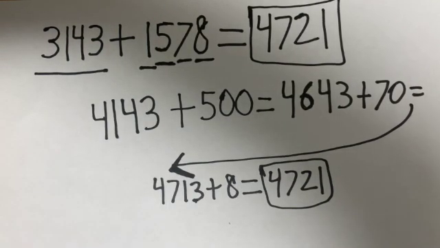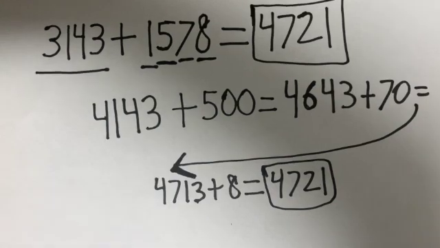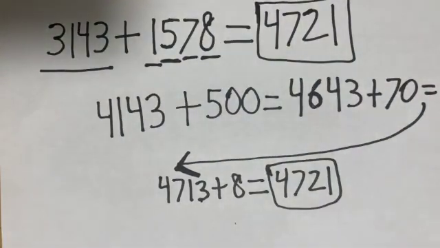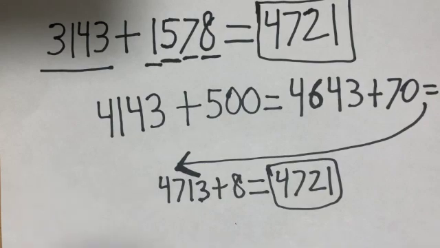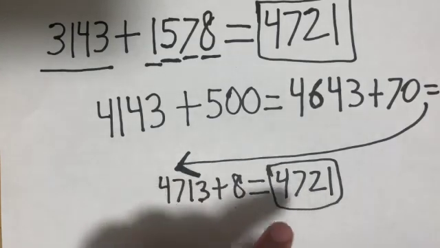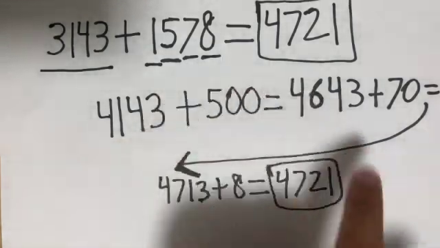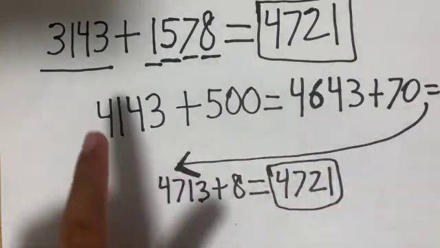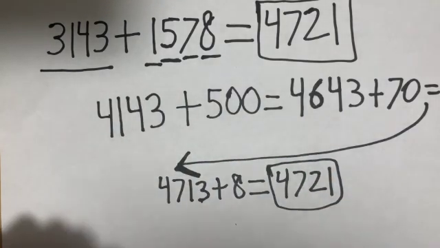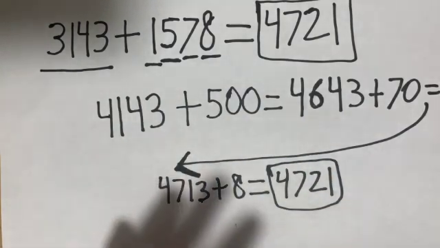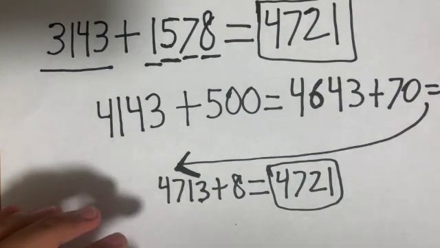If you're having trouble figuring out how to do it mentally, you can always do it like this first and then move on to it mentally. Once you continue doing it, with 5 digits, 6 digits, 7 digits, etc., it'll get more and more challenging. So if you're really having trouble doing this mentally, just focus on doing these steps, and once you're comfortable, then move on to doing it mentally.